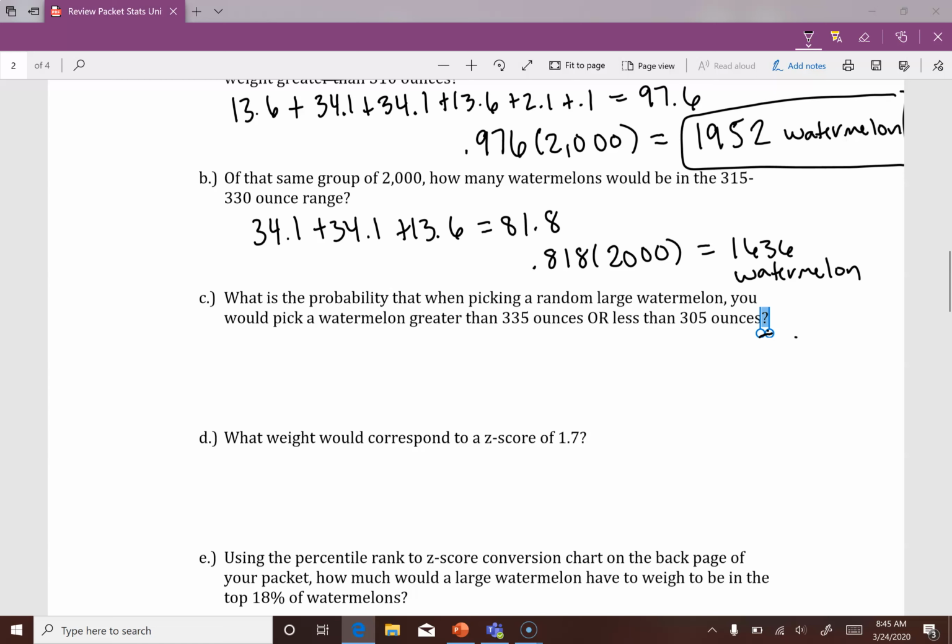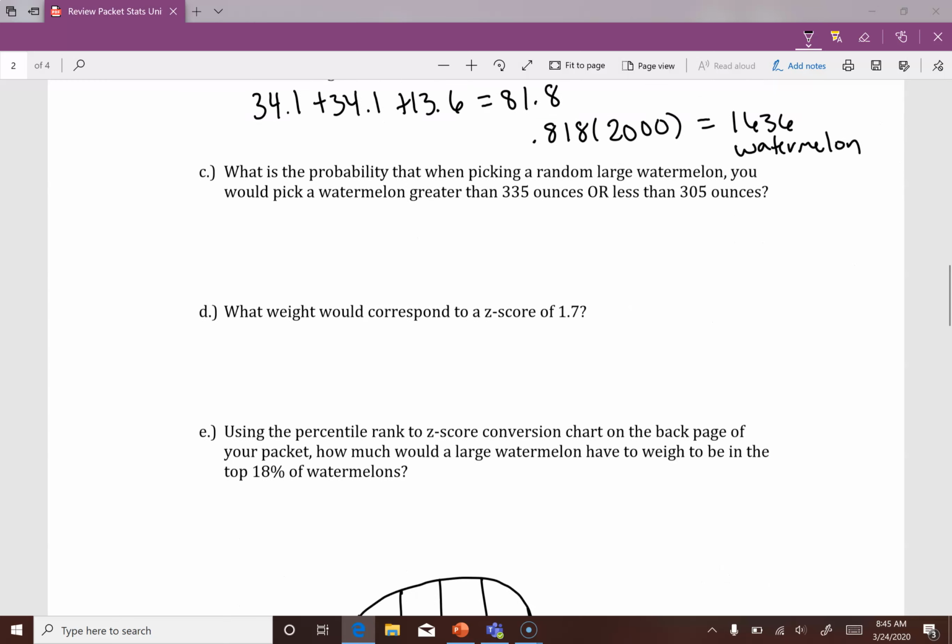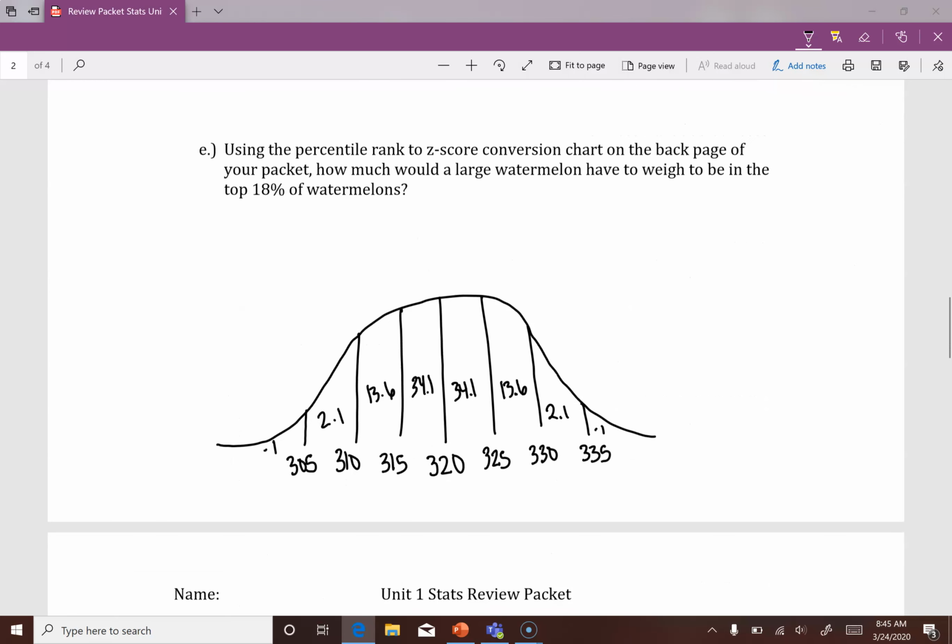All right, what's the probability that when picking a random watermelon, you would pick a watermelon greater than 335 or less than 305? Well, let's go ahead and look where that is. Greater than 335 is that 0.1, and less than 305 is that 0.1. So really, we're just talking about 0.2%.